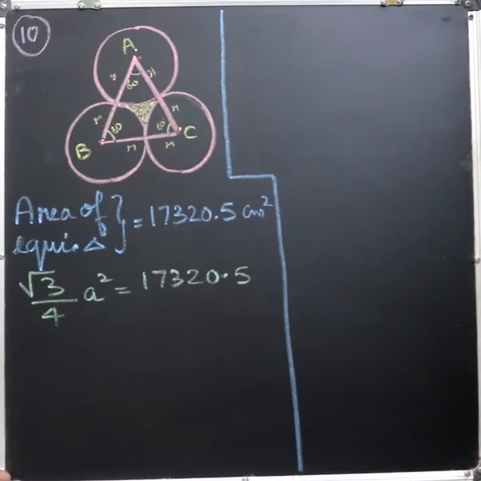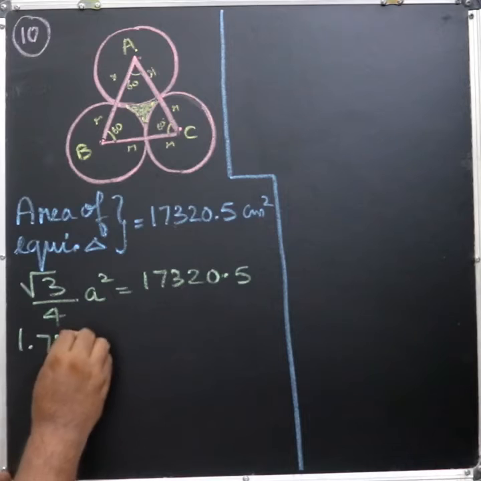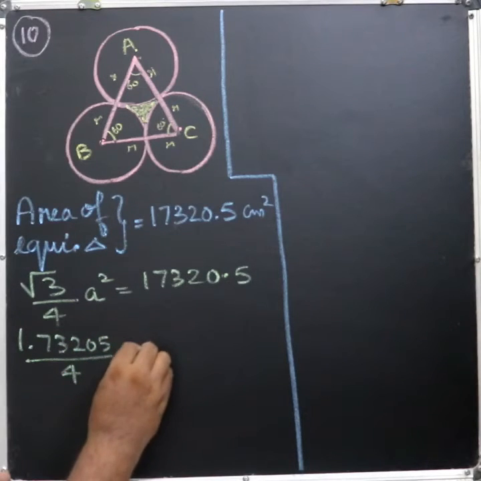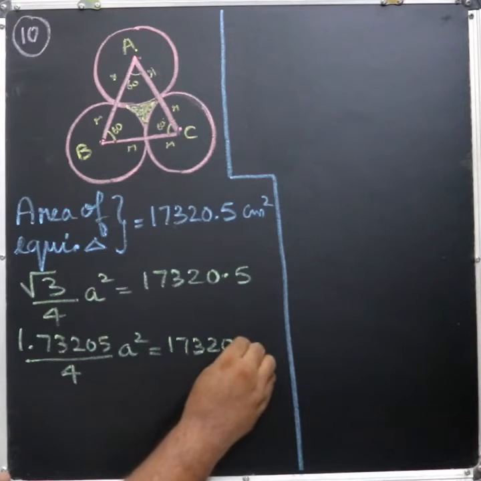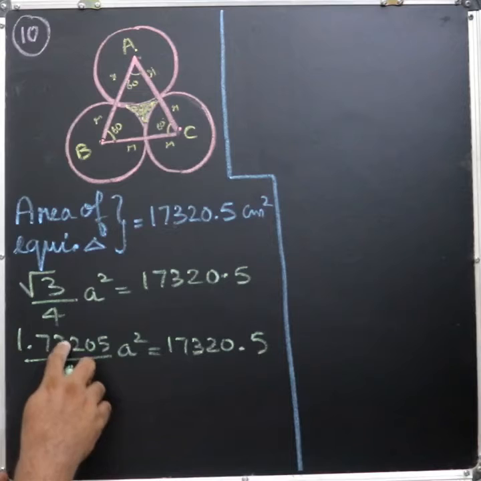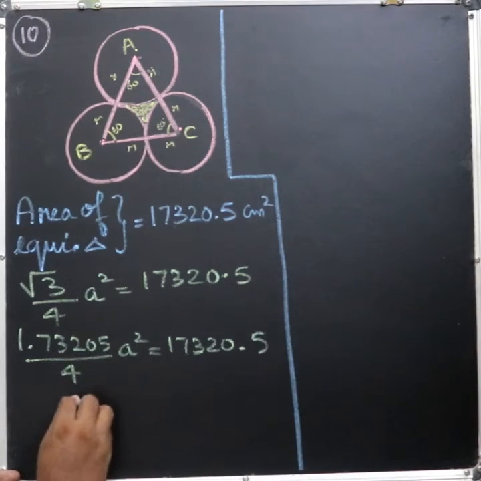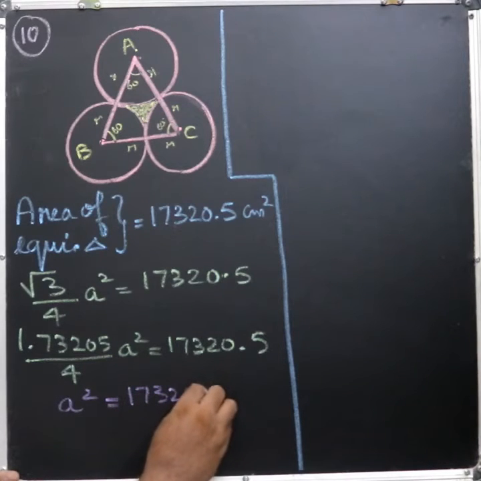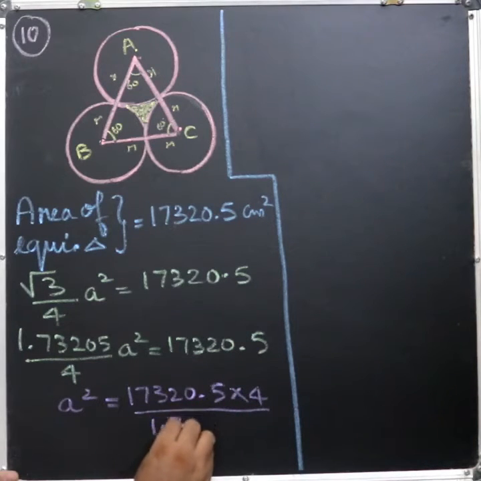They have asked us to substitute the root 3 value as 1.73205, so 1.73205 by 4 into a squared equals 17320.5. Now taking these two numbers to that side, we will have a squared equal to 17320.5, 4 will go to the numerator and this number will go to the denominator, 1.73205.